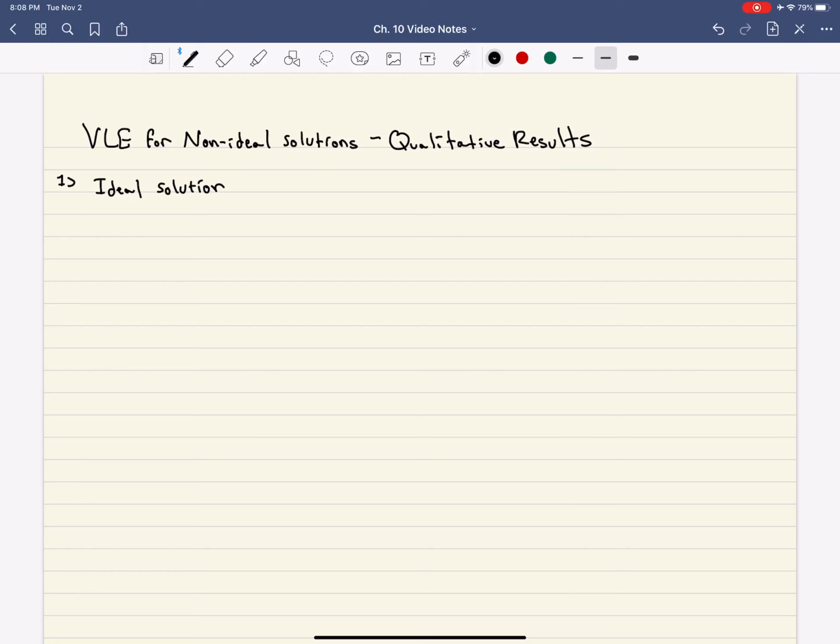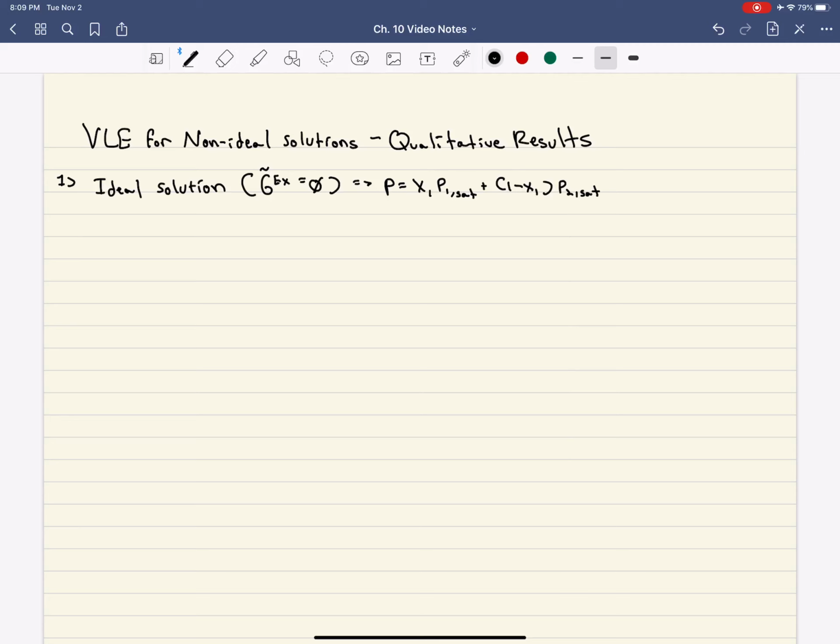Okay? And so for the ideal solution, that excess Gibbs energy is going to be equal to 0. And so our partial pressures are just going to be given by the regular version of Raoult's law, P2 sat.